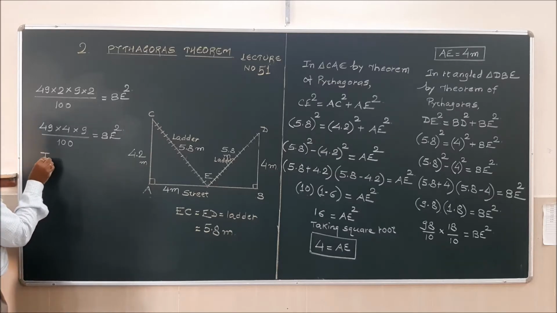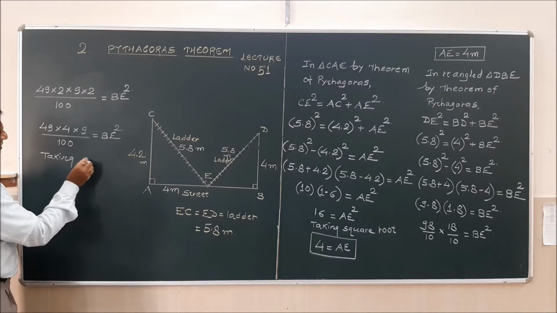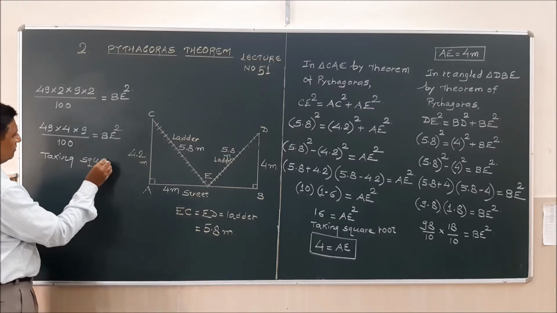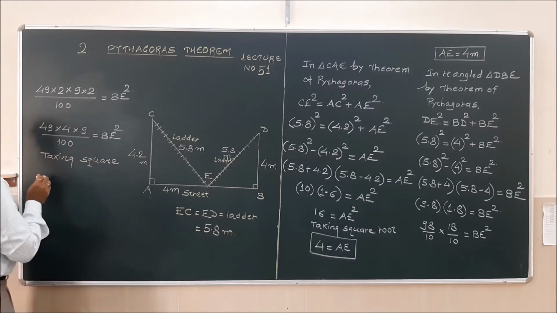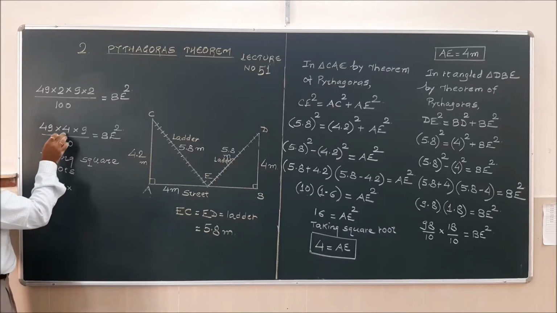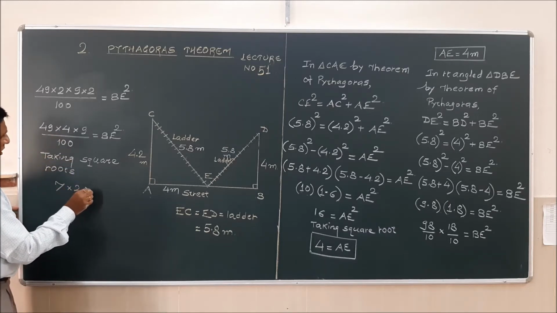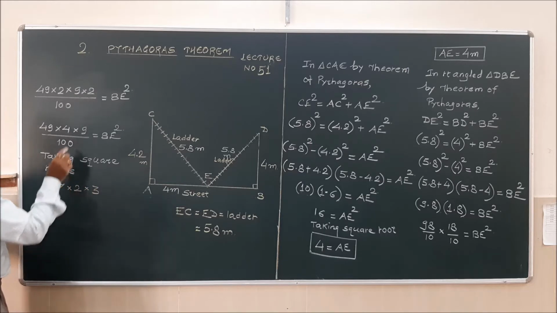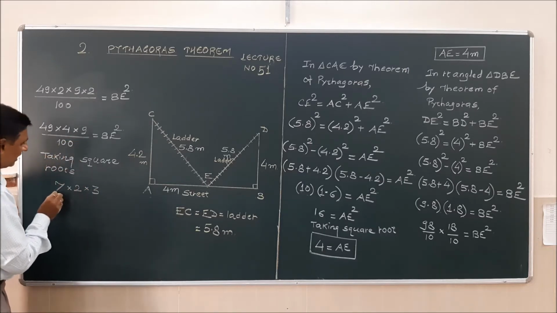Taking square root from both sides. So if you take the square roots, the square root of 49 is 7, into 2, into 3 upon 10.